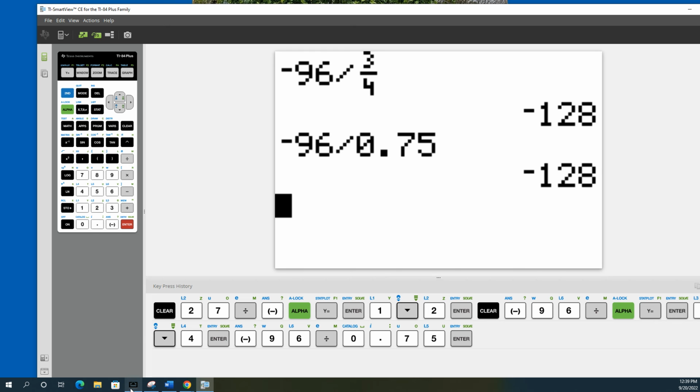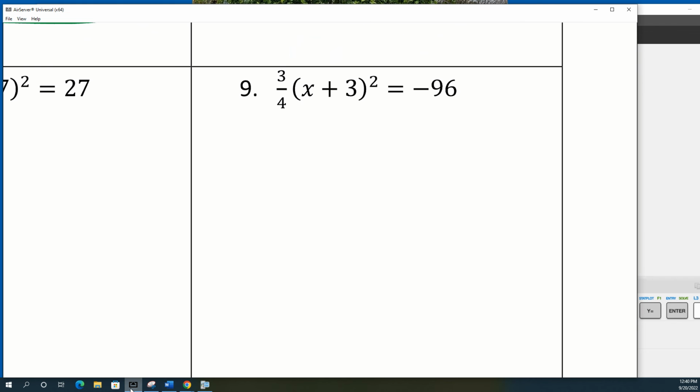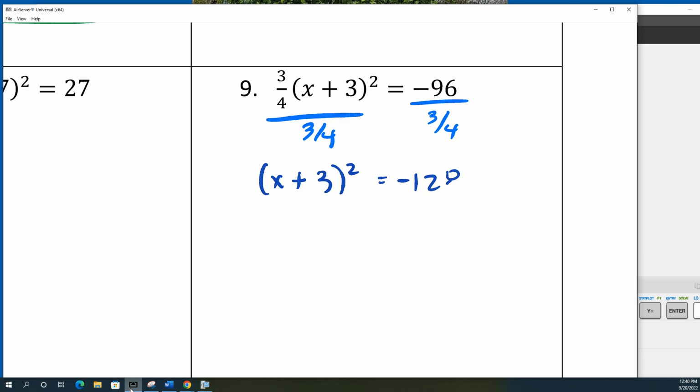Those are your options if you're using a calculator to do it. Now, if it was a non-calculator, you'd want to multiply by the reciprocal, but I don't think they're going to put this on the non-calculator part of the test. Not one with a fraction.